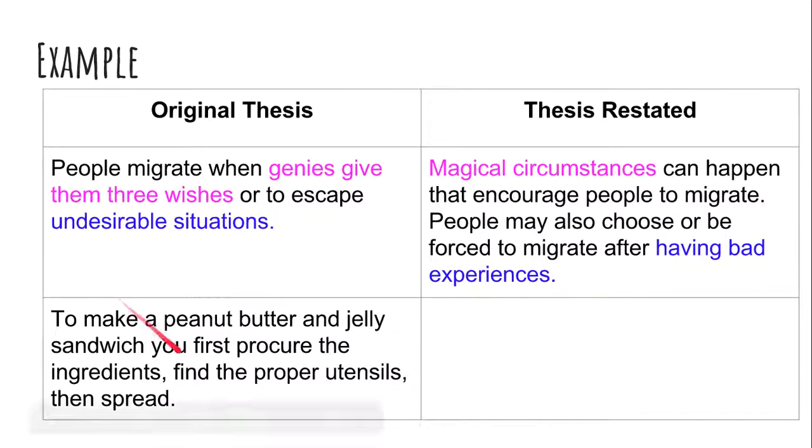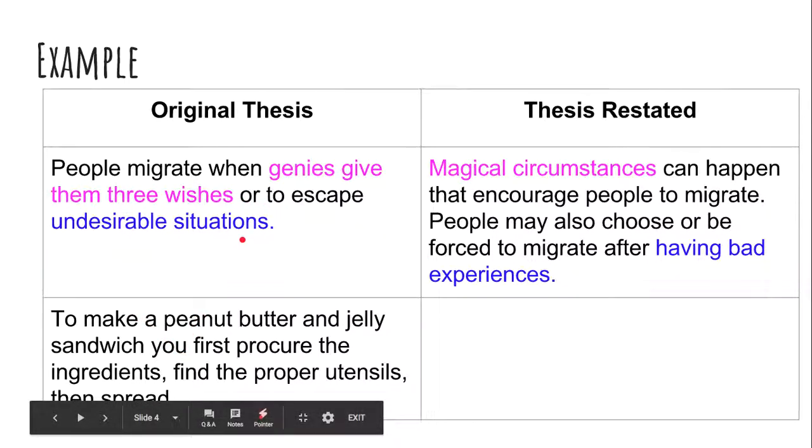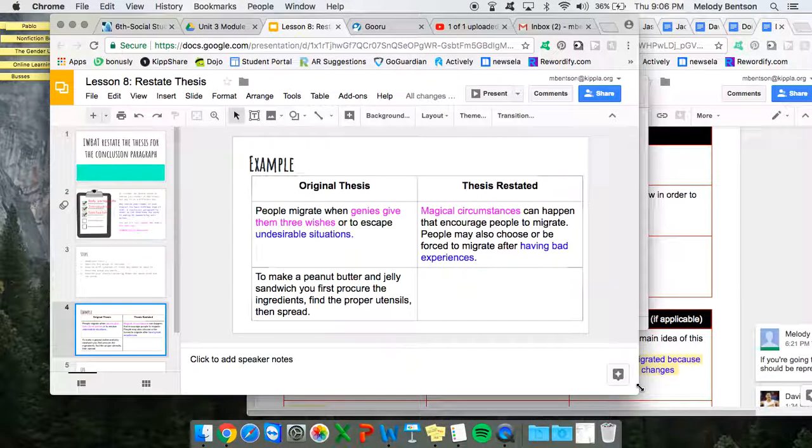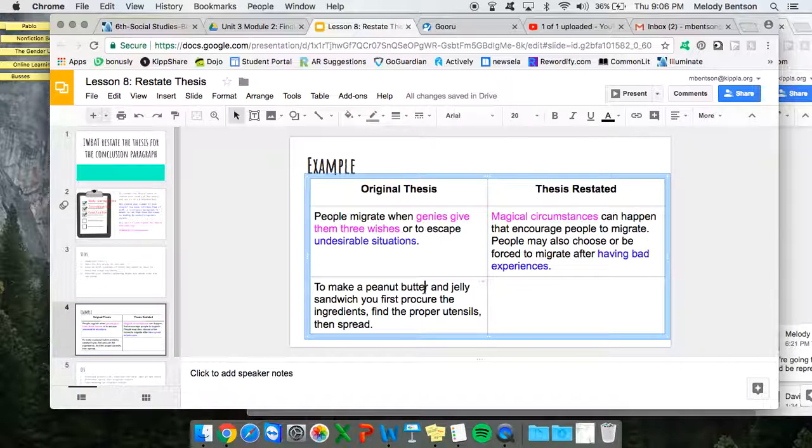So now let's demonstrate how to do this live. Remember my other example about PB&J sandwiches. I have a thesis statement: To make a PB&J sandwich, you first procure the ingredients, find the proper utensils, then spread. Okay? So I'm going to just do these 3 steps. I'm going to find some key phrases.